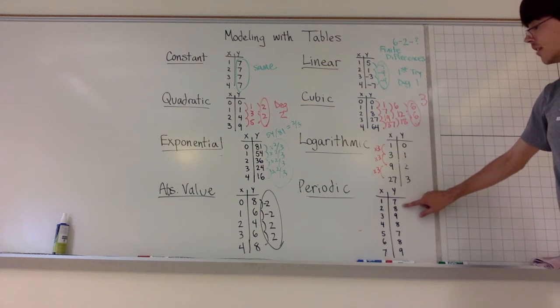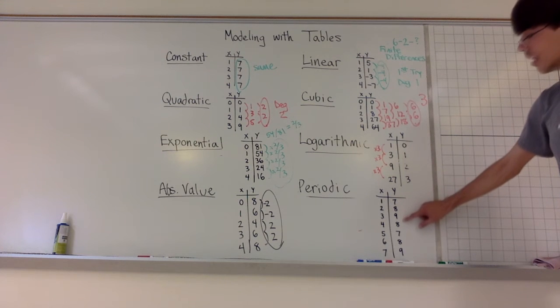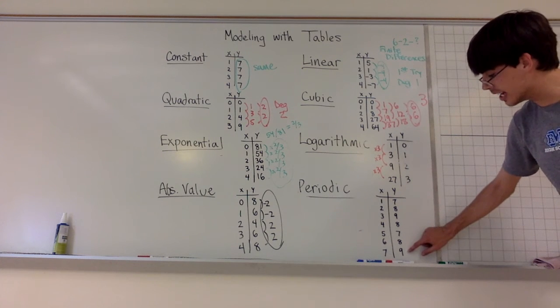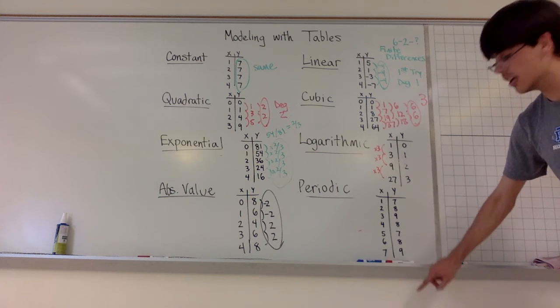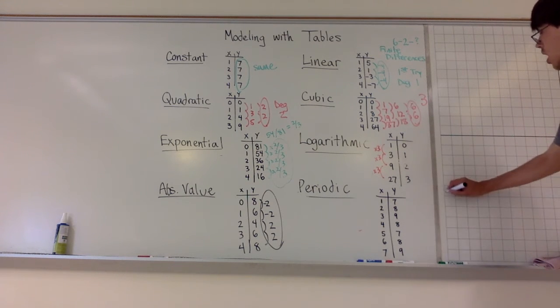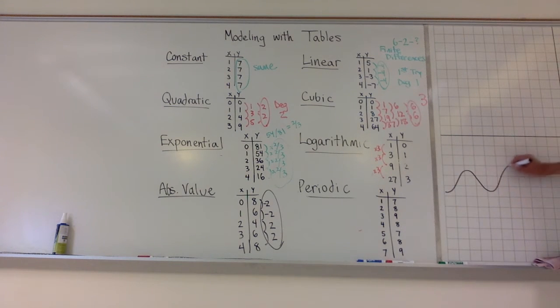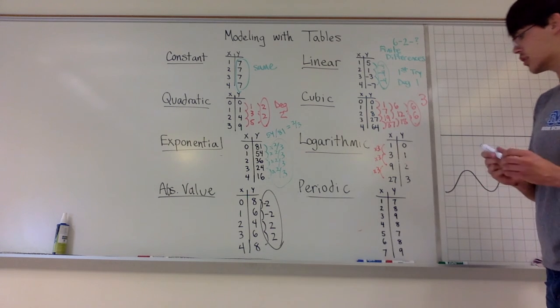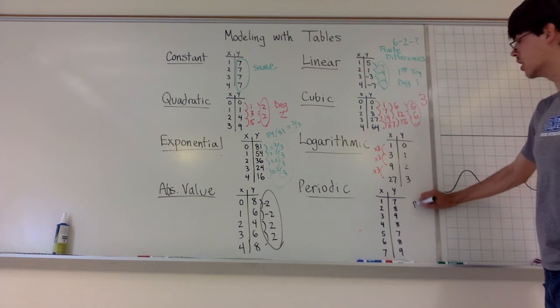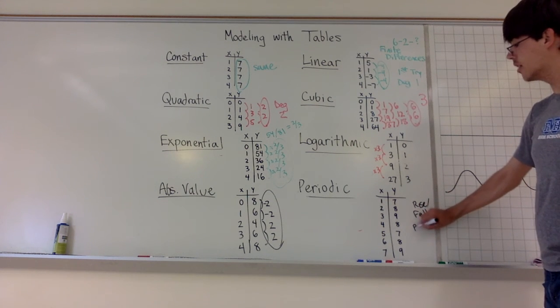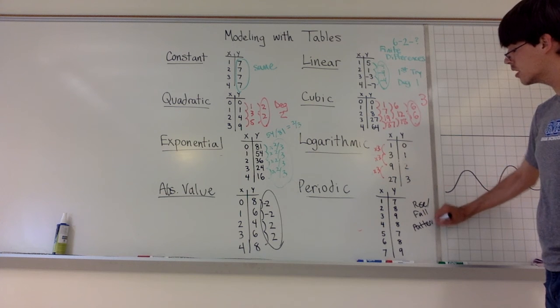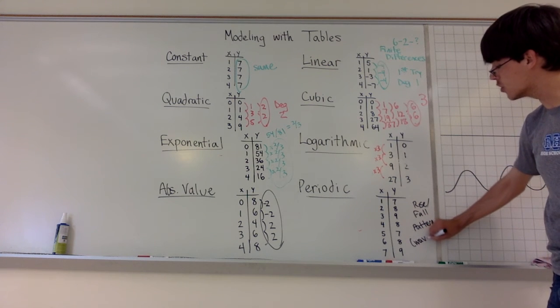This one goes 7, 8, 9, then back down 8, 7, then back up 8, 9. If it kept going, it would go 8, 7, 8, 9. It just keeps going up and down in the same pattern like that. So if it keeps rising and falling in a pattern like that, or a wave, that means that the table is going to be periodic.